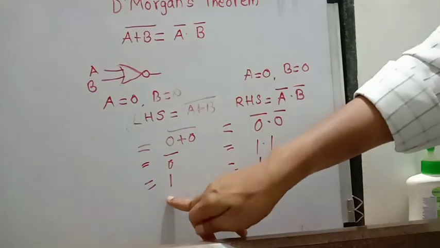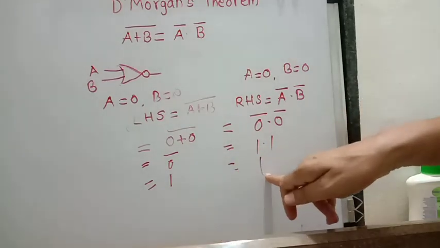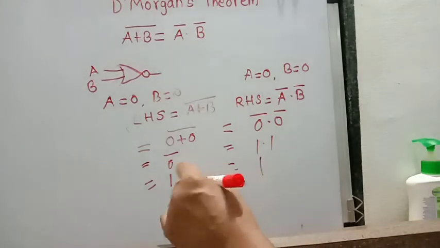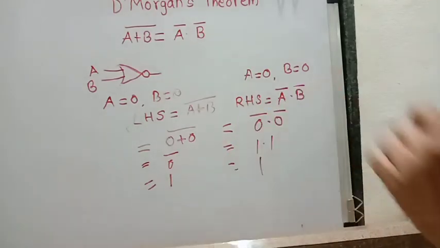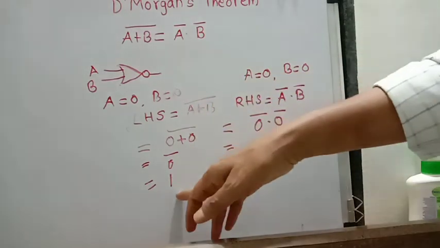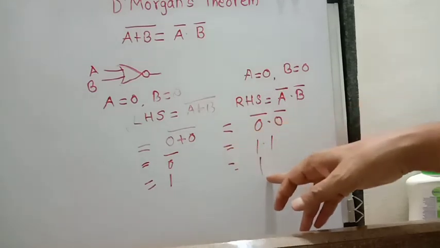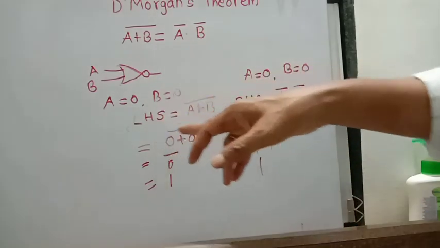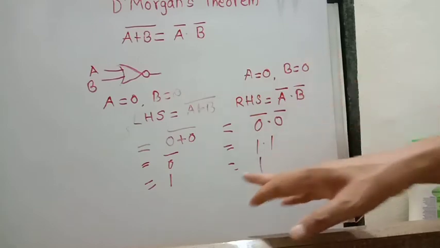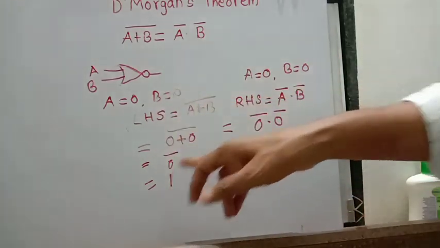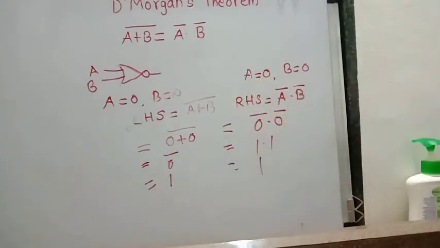So here LHS is equal to RHS, because LHS is 1 and RHS is also 1. Left hand side is equal to right hand side.